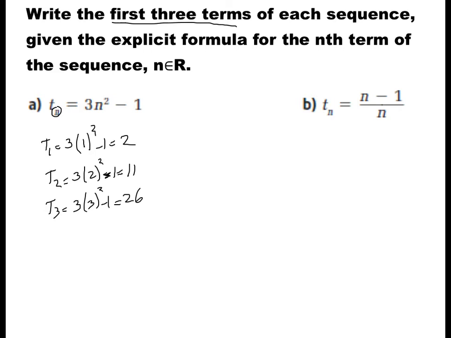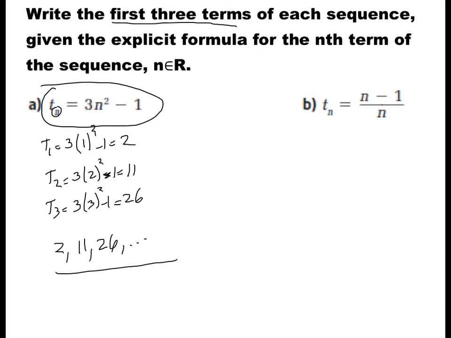So we can write the sequence like this one. T sub 1 is 2, T sub 2 is 11, and T sub 3 is 26. So this is our sequence. And we can put the 3 dots here. And based on this explicit formula, I can write this sequence and produce as many terms as I want.